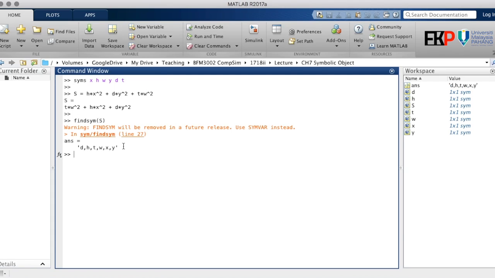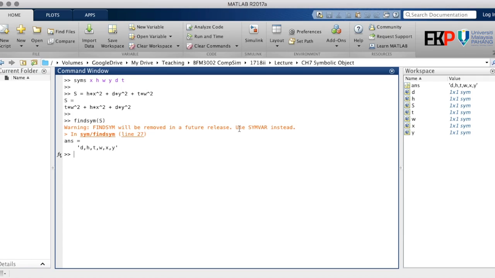When we press enter, MATLAB says that d, h, t, w, x, and y are the symbolic objects in this expression. And this is just for you to know that this command is still available, but the findsym command will be removed in a future MATLAB release.